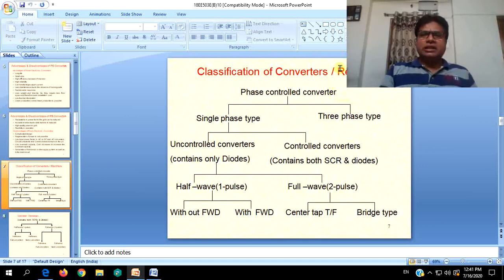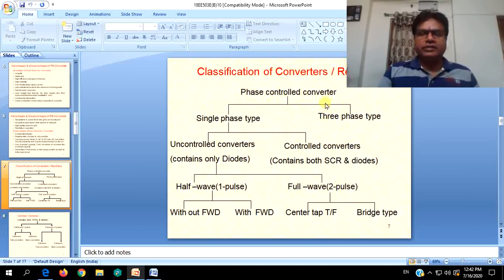Likewise, rectifiers are called converters in most of the discussions. Throughout our syllabus and curriculum, we will be calling rectifiers converters. So in this case, phase controlled converter means this classification is for rectifiers.